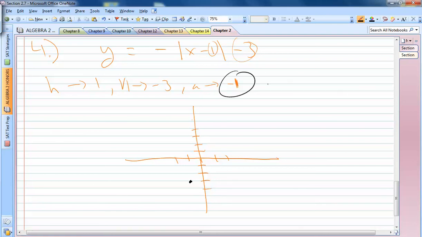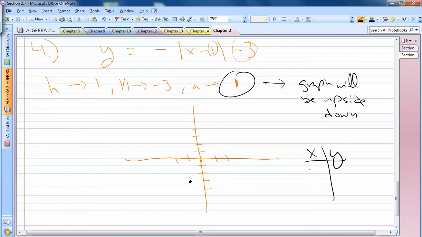And since a is negative, the graph will be upside down. And how I know that, what if I plug in two x values that are close to 1, like negative 2 and 0? If I were to work it out, I would get negative 4 in each case. And so the graph would look like this.